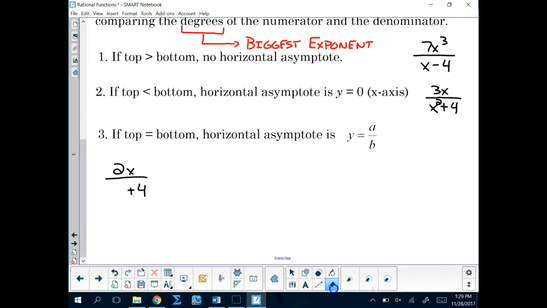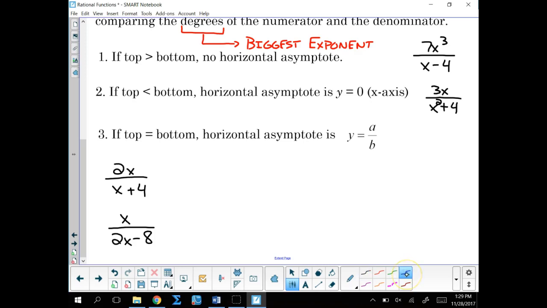Because then that gets me the way I wanted to show it. Or x over 2x minus 8. If that's the case, where they're equal, your horizontal asymptote is the line y equals a divided by b.